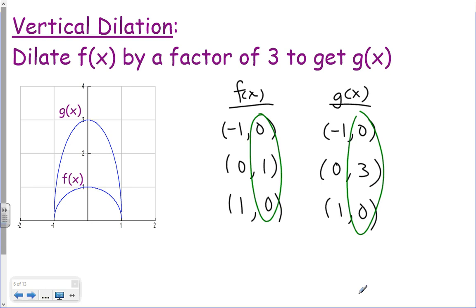And the question is, how do I go from one set of values to the other? Well, it looks like the y values under function g are 3 times as big. So if I take these y values under function g and multiply them by 1/3, I'll end up with the y values for function f.